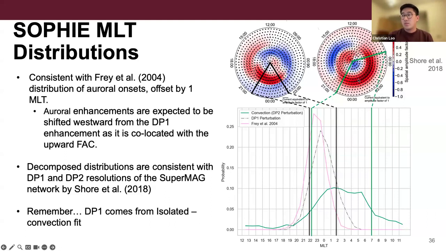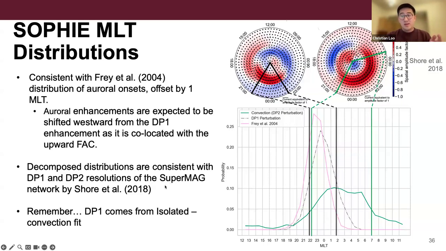And the green lines correspond to where the peak amplitude is of the DP2 resolution from Shore et al., and they correspond to the full width half maximum of our DP2 perturbation.